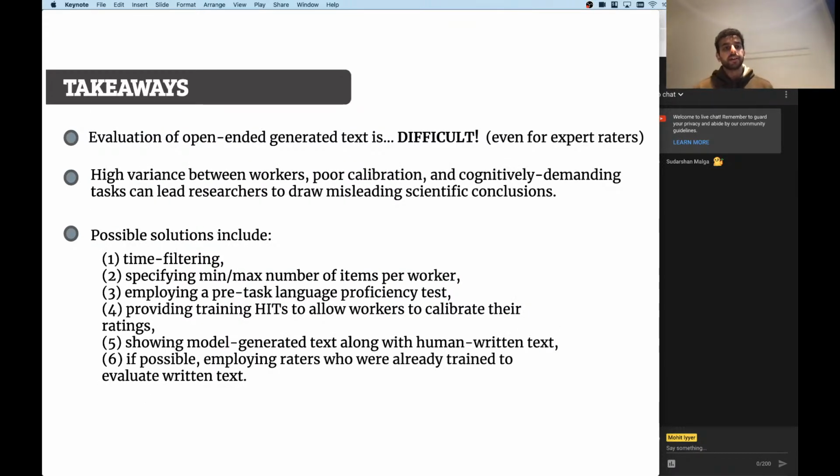Okay, so what are some takeaways? First, evaluating these tasks is extremely difficult, even if you have expert raters. Just because you can make models for some of these things doesn't mean you will know if they work or not. And the field is kind of at a place where the modeling advances are there and you can train them to solve these different tasks, but the evaluation advances are not yet there.